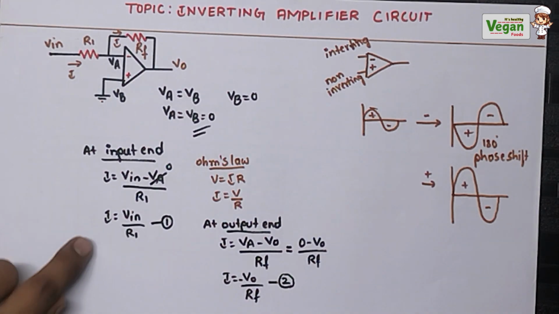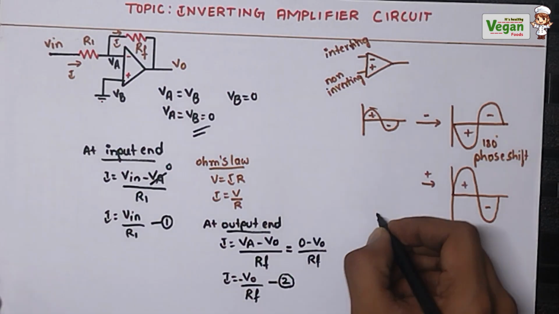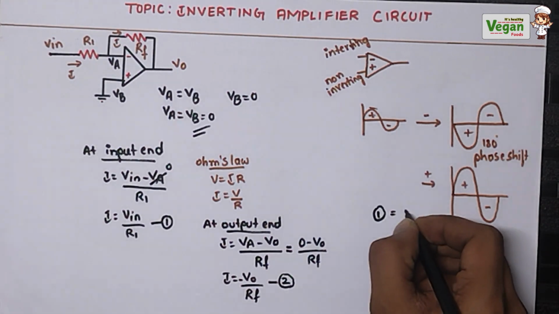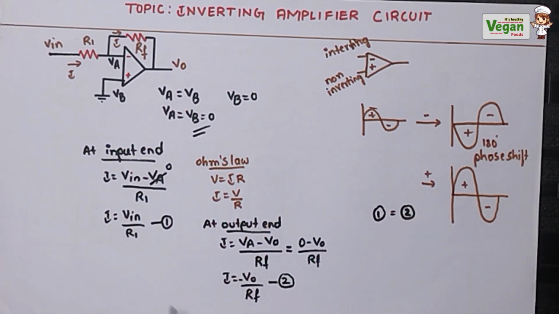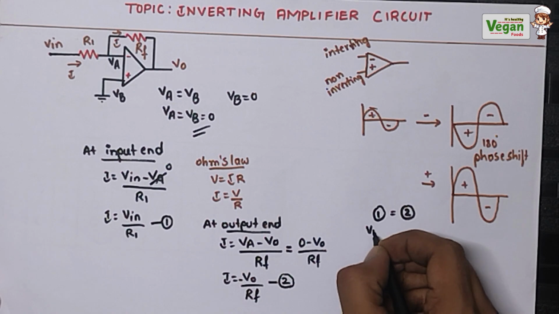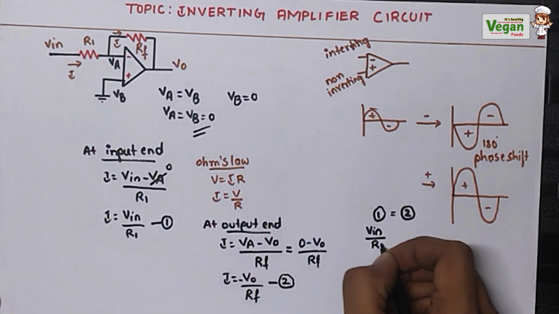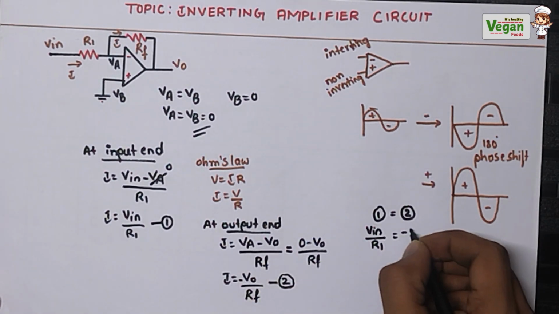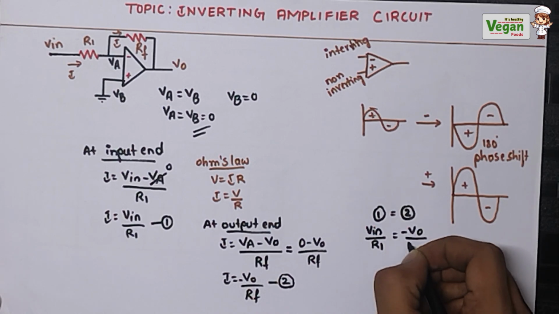Since the left hand side of both equations, that is the current, is common, let's equate equation number 1 to equation number 2, because the left hand sides are equal. On the right hand side, in equation 1 we have V in divided by R1, which is equal to minus V out divided by RF.